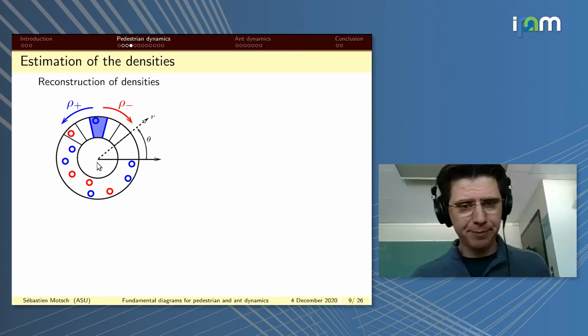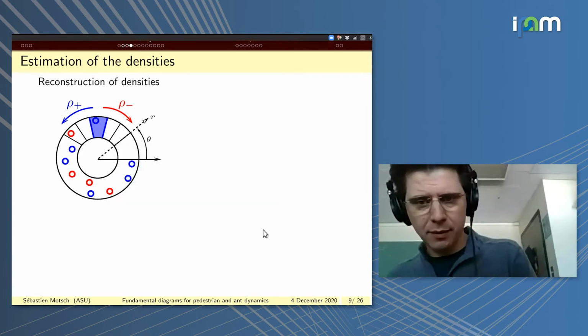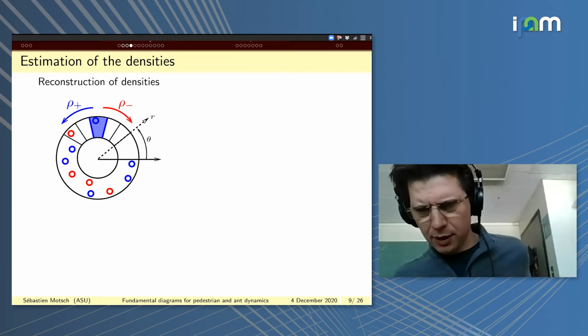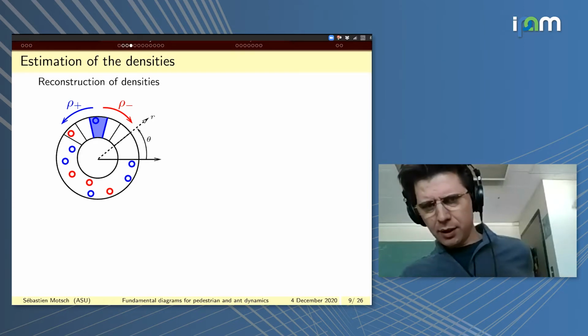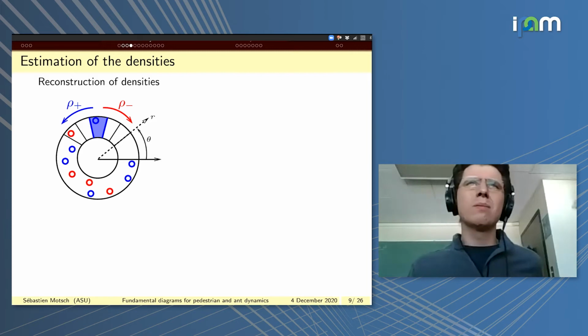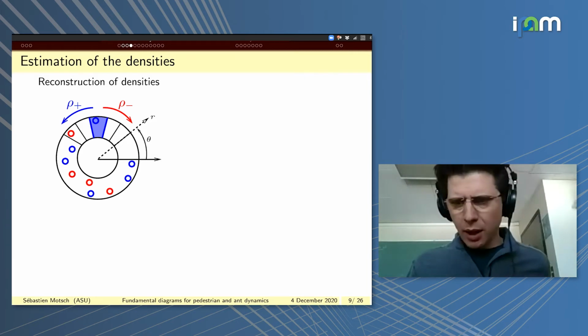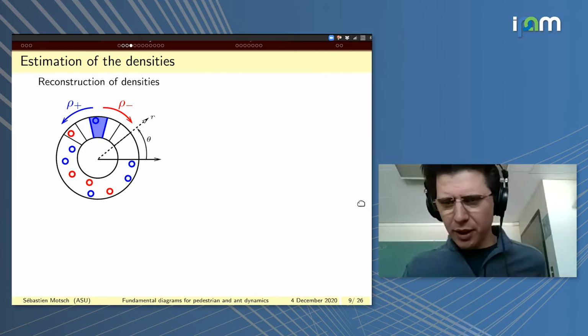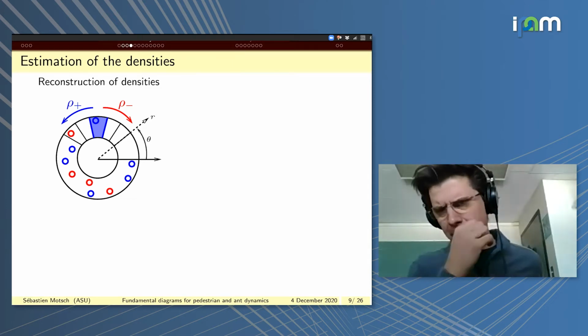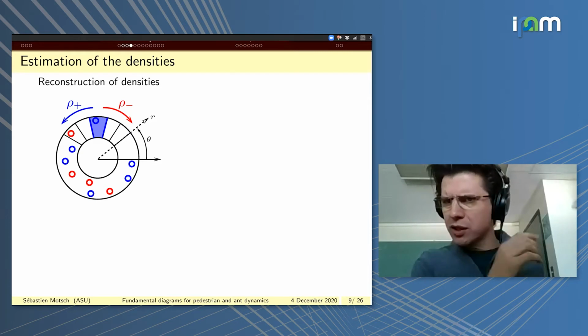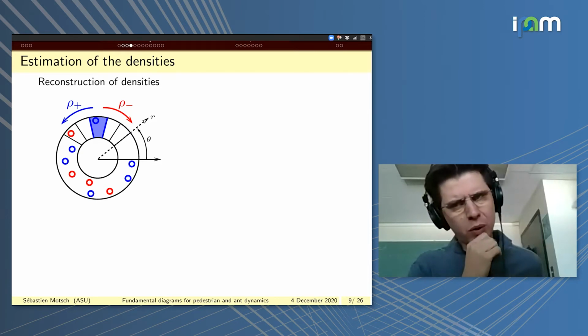There's a question from Ted that asks if lane formation can be related to tagging, if you saw the talk of... I've seen briefly a talk. I haven't seen the full talk.